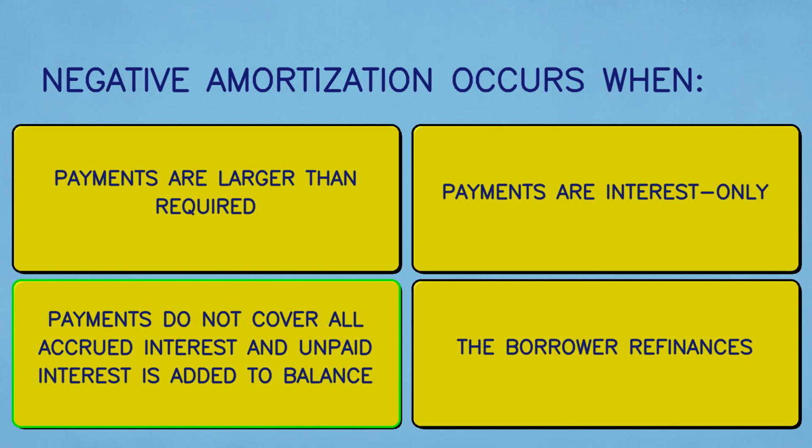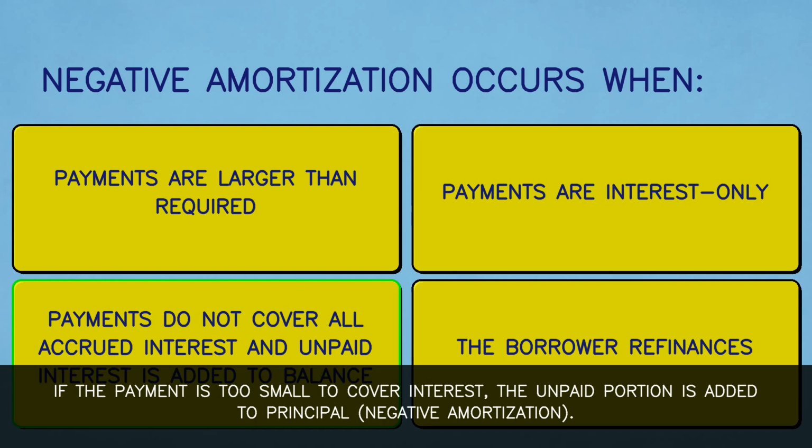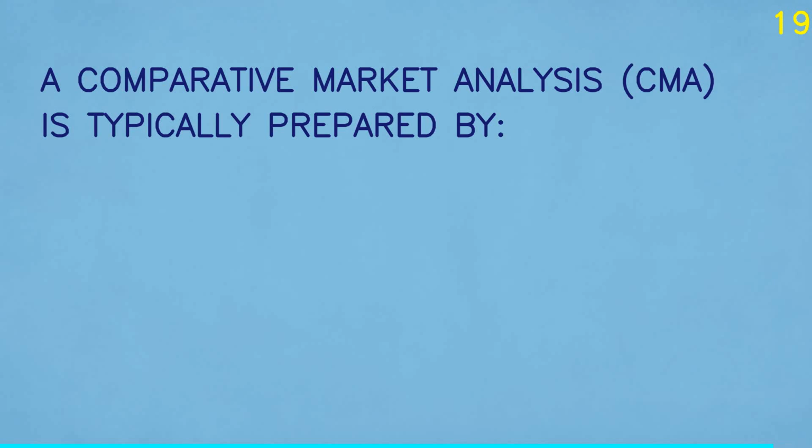The correct answer is payments do not cover all accrued interest and unpaid interest is added to balance. If the payment is too small to cover interest, the unpaid portion is added to principal. Negative amortization.